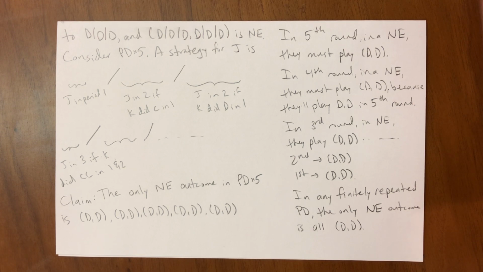So if we're going to talk about playing the prisoner's dilemma an infinite number of times, the first thing that we need to do is to figure out how to convert our game scores into an overall payoff.